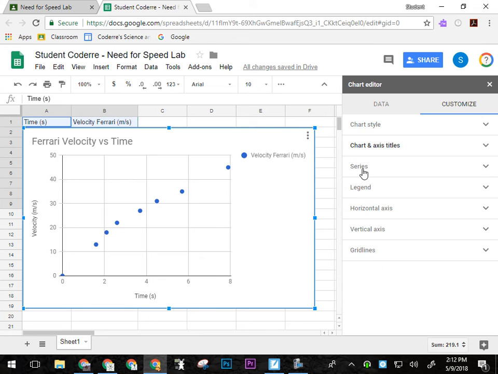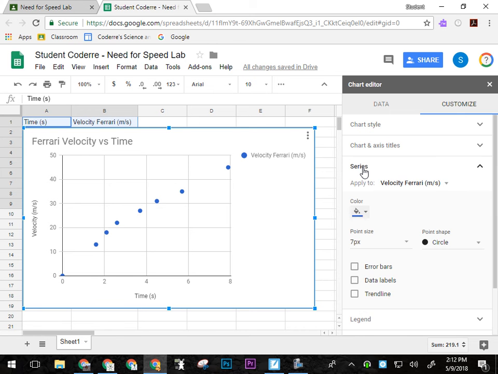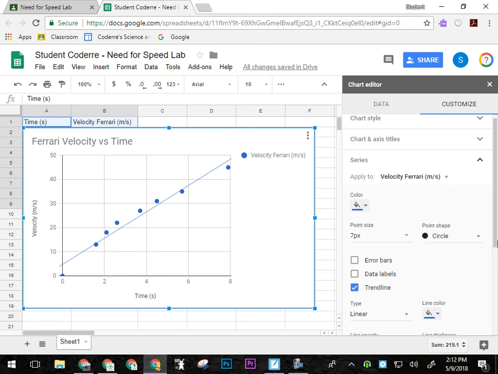Now I want to click on series. This is where I can put in the trend line and the equation. I can make those points smaller if I want to, but I don't really need to. I just want to click down here where it says trend line. Just check that box, and it'll put the trend line in there. I do want a linear trend line, so I'm going to keep it like that.